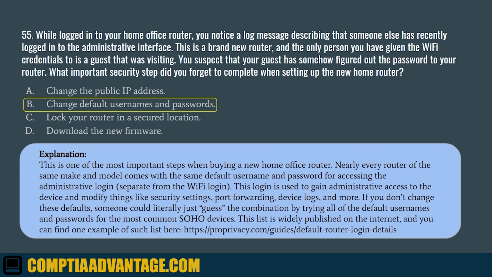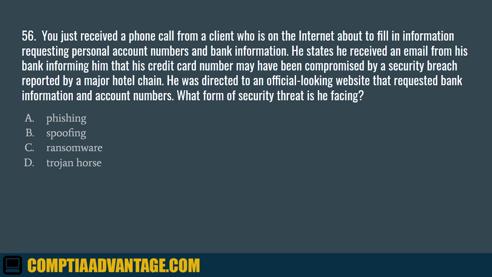If you don't change these defaults, someone could literally just guess the combination by trying all the default usernames and passwords for the most common SOHO devices. This list is widely published on the internet, and you can find one example of such a list here: https://proprivacy.com/guides/default-router-login-details.